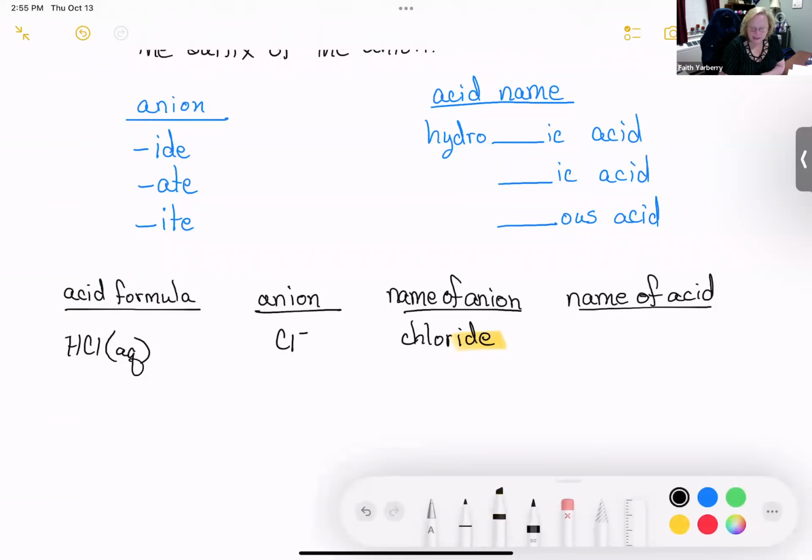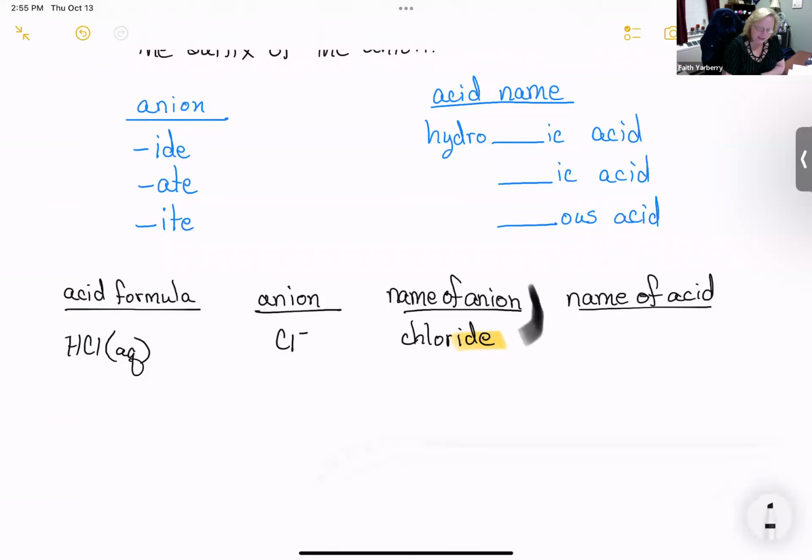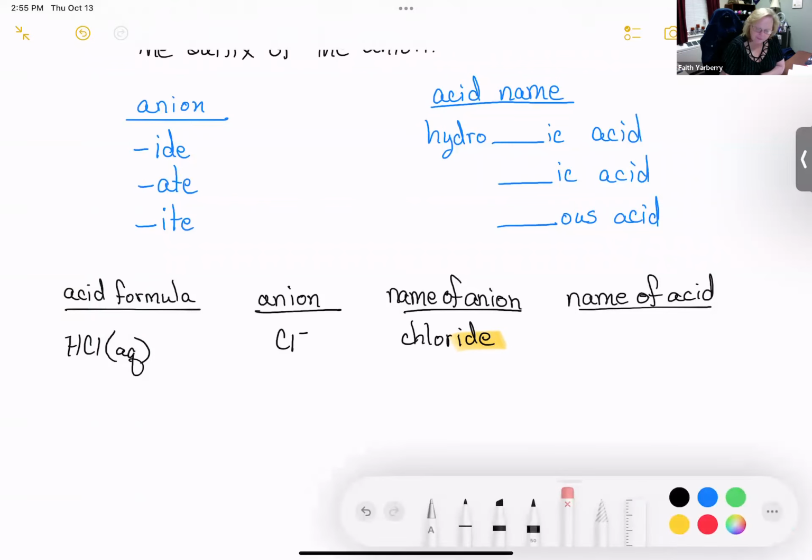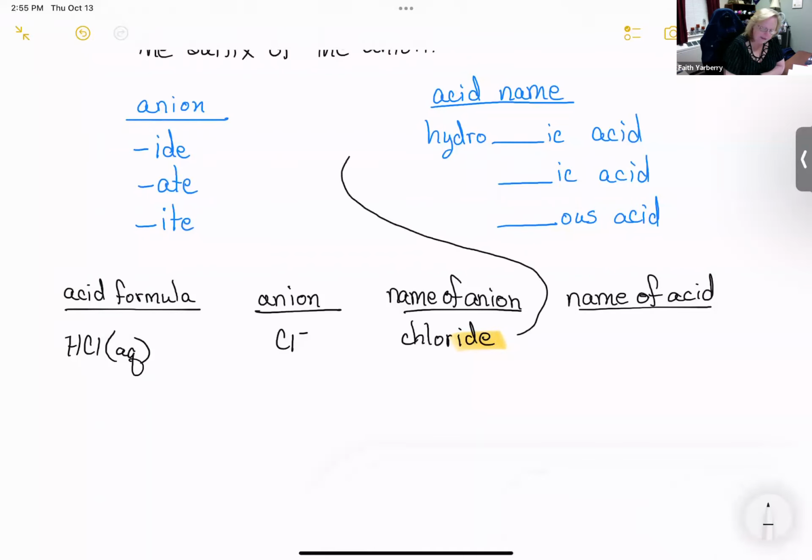Because the anion ends in IDE, that means we're going to use the hydro, followed by the root, which in this case is chlor, and the ending ic acid. So that is hydrochloric acid, as I've already mentioned.